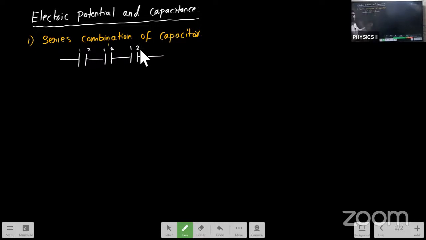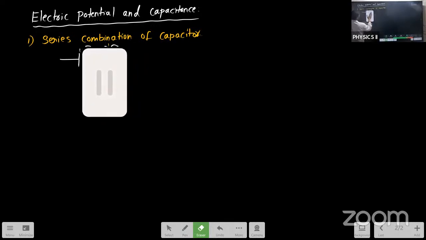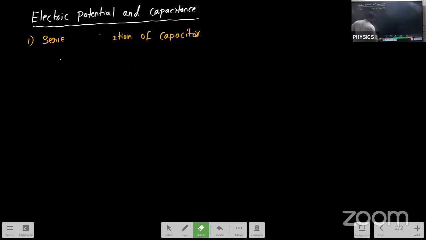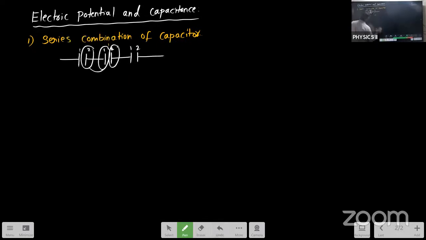In order to define this, I said that the second plate of the first capacitor is connected to the first plate of the second capacitor. Similarly, the second plate of the second capacitor is connected to the first plate of the third capacitor. This type of arrangement was called what? Series combination of capacitors. Further, we derived a formula for equivalent capacitance.